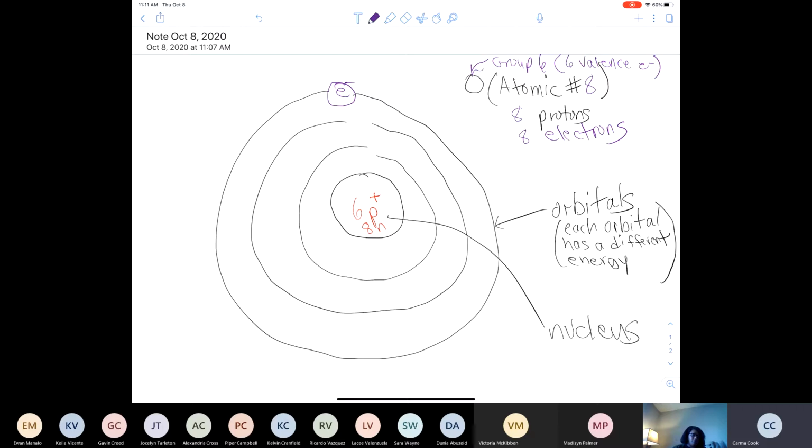And so therefore, what that means is that 6 of the 8 electrons of oxygen are going to be in this outermost orbital.